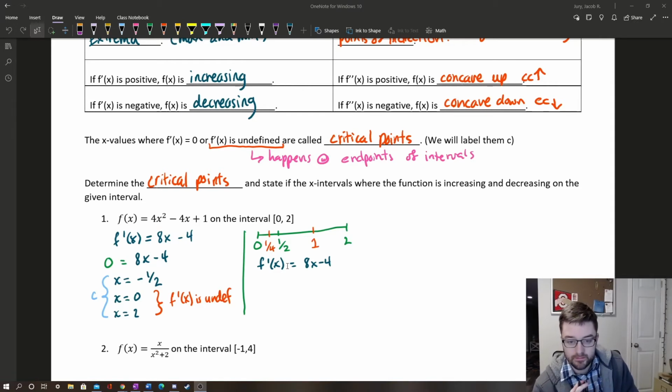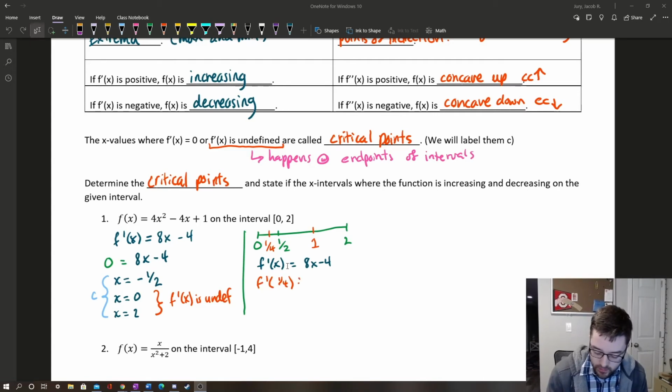If we plug in 1 to f prime of x, is that going to be positive or negative?